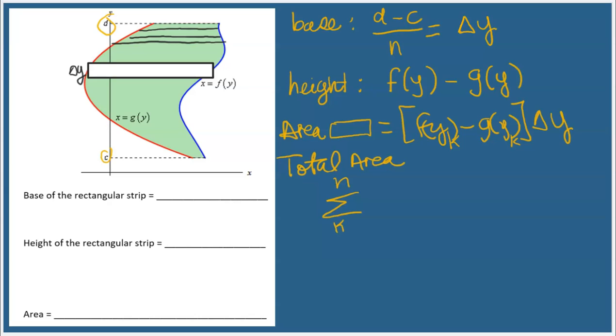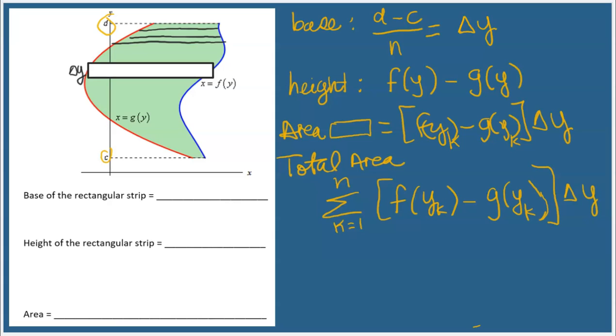And k would be from rectangle number 1 all the way to the nth rectangle. And I am going to add up the sum of all of those areas, and that would be base times height.